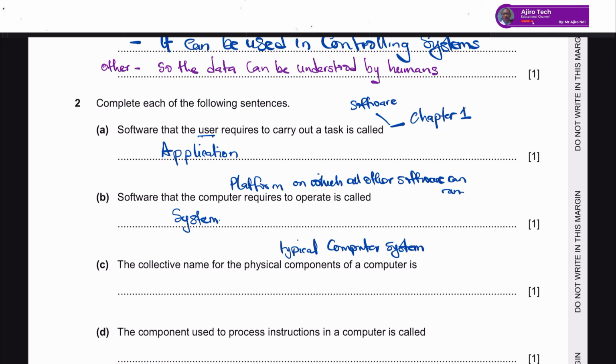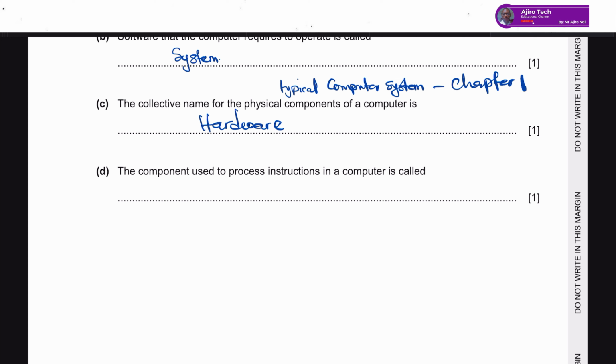Now, let's look at the next one. The component used to process instruction in a computer is what we call the central processing unit. Now, you need to understand something about this. When it comes to past papers, I don't just solve a past paper, I explain the concept.